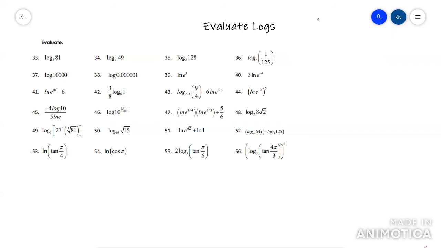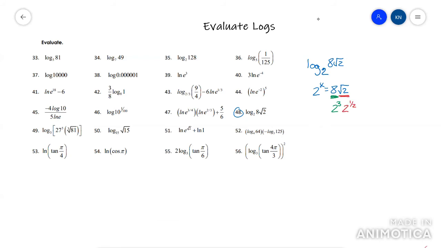Okay, 48 is one that I would recommend you know as well. This is log base 2 of 8 root 2. So you're like, okay, well, 2 to the x equals 8 root 2. You have to realize that 8 is 2 cubed, and root 2 is 2 to the 1/2.